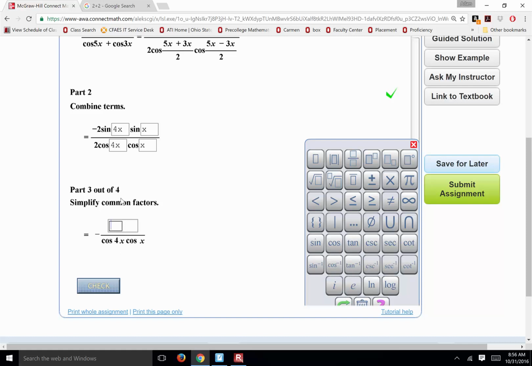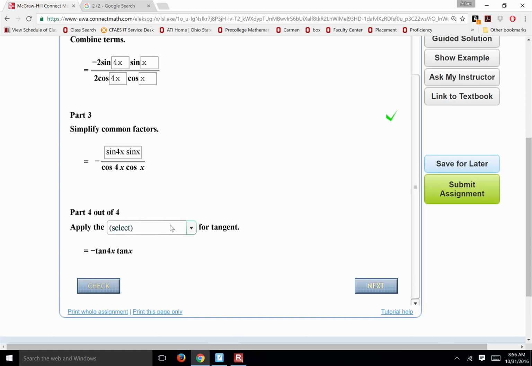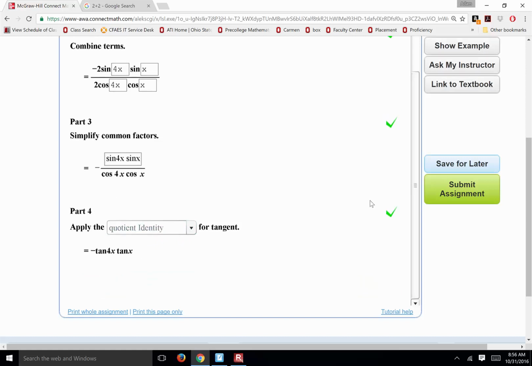Simplify common factors, they're just canceling 2's. So the top is still sine 4x and sine x. So they just wiped off those 2's. And we apply the quotient identity. Sine over cosine is tangent. It's called the quotient identity, and we're all set.